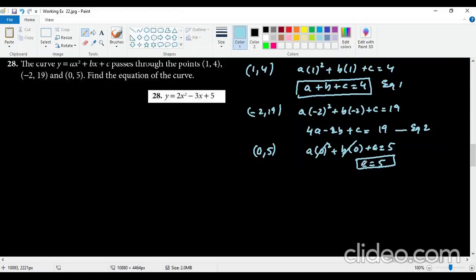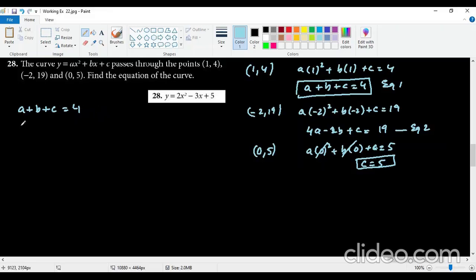Now we'll substitute the value of c in equations 1 and 3. Equation 1 is a plus b plus c equals 4. I know the value of c is 5.